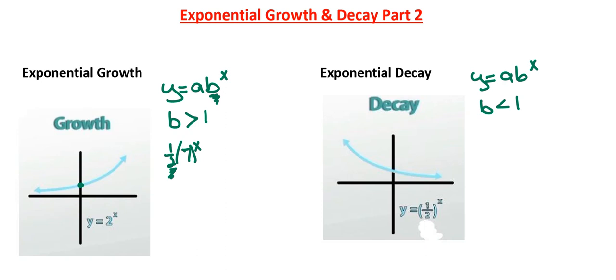If a is 1, the graph will always pass through the point (0, 1), because anything to the 0 power is 1. So if we put 0 in for x, we should always get 1.